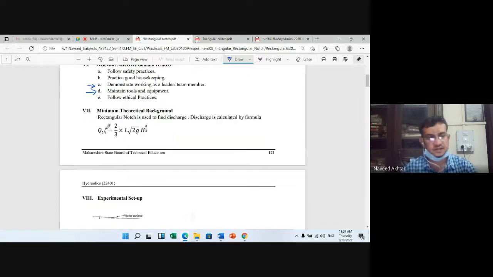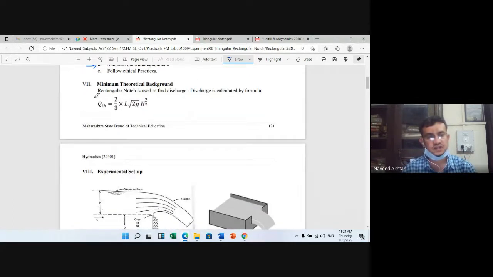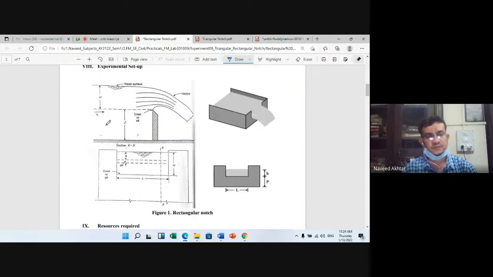So the theoretical discharge, Q theoretical, is 2/3 × Cd × L × √(2g) × h^(3/2). Okay. So this is a rectangular notch. You can see the flow is from here, and we provide a notch here. This rectangular notch, you can say this is the length of the notch, and this height from the bottom is here. It is given as h, or height above the crest.